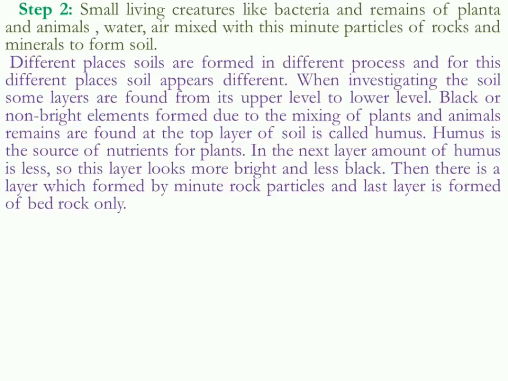So the second layer is less black and brighter, and after that there is a layer made of minute rock particles, that means small rocks, and after that the layer is formed of bedrock only, that means big rocks at the bottom.